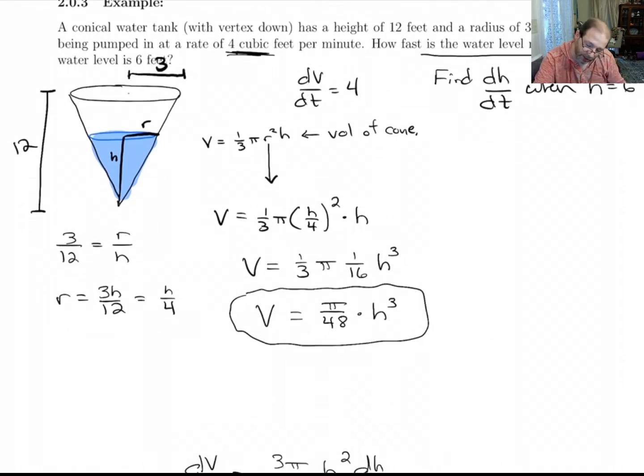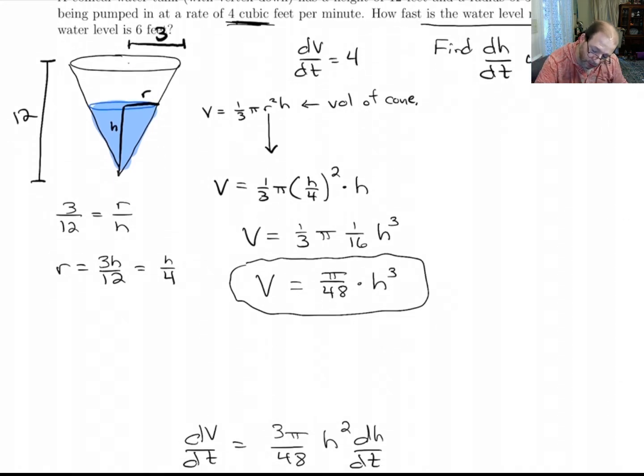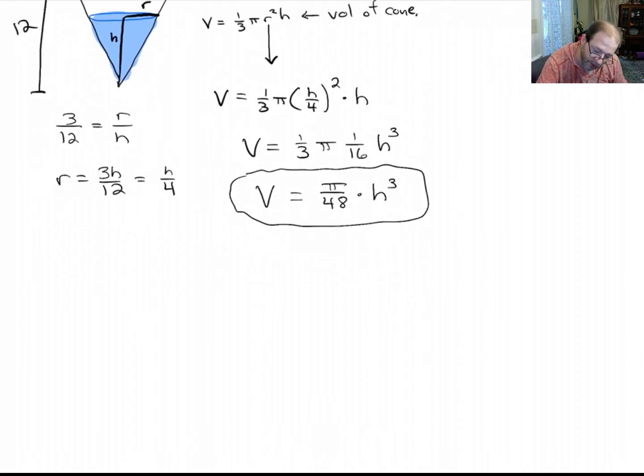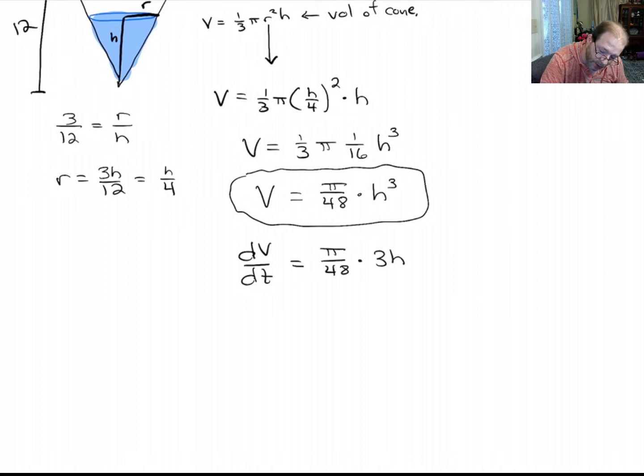Now to get the rate equation, we want to take the derivative of this with respect to time. So the derivative of V with respect to time is equal to pi over 48 times 3h squared times dh dt.